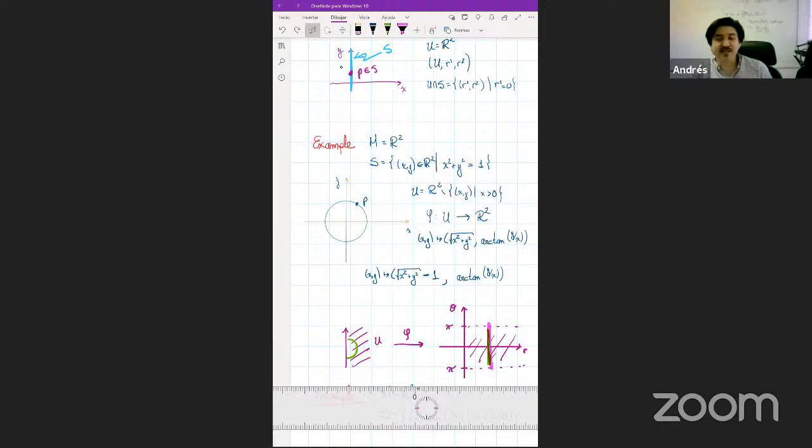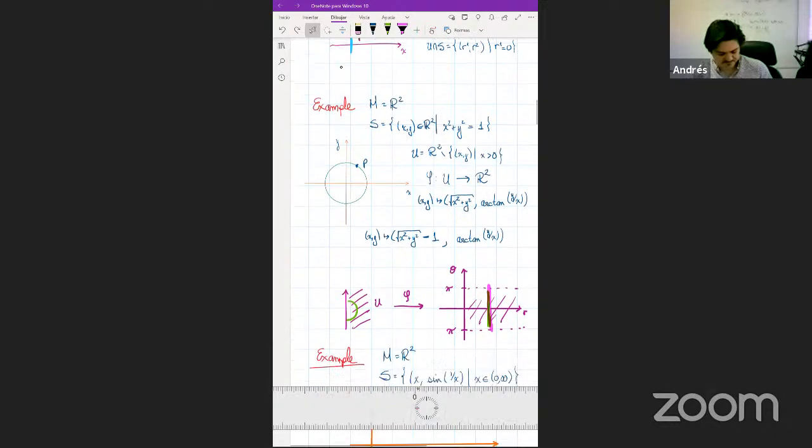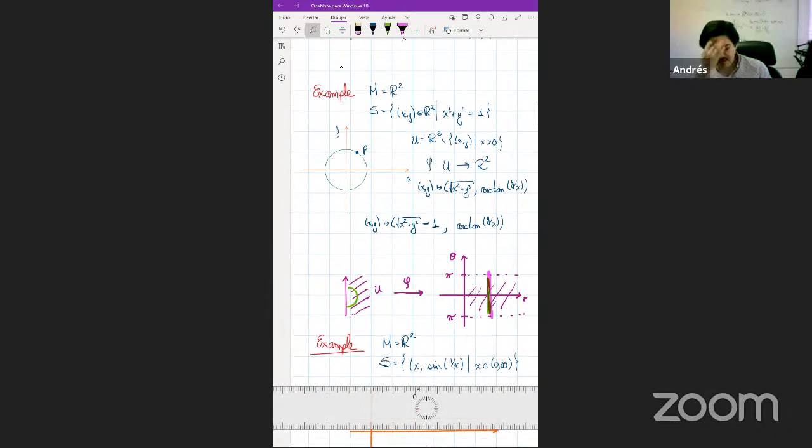Let's see another example in R2. And now I'm taking S to be this set. Do you know what S is?